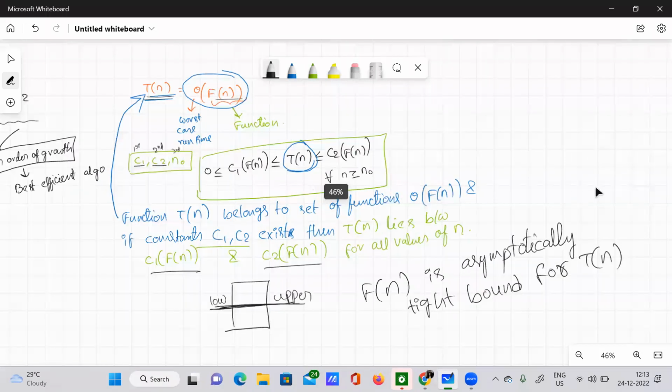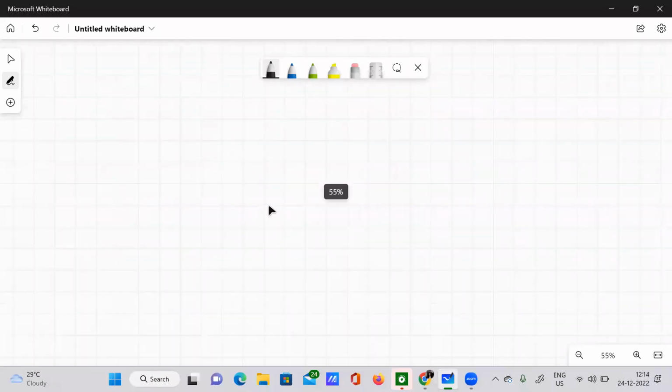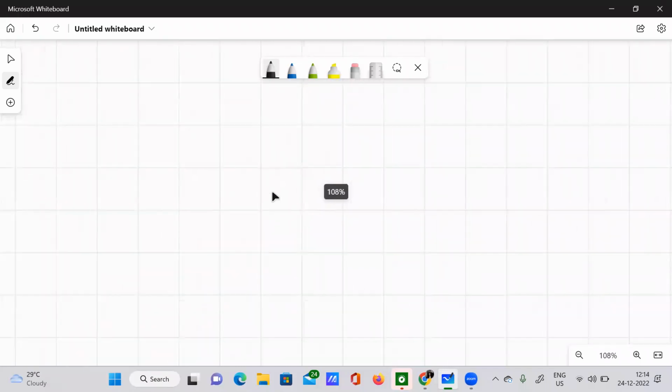So diagrammatically, how do you represent this kind of condition? I'll draw some diagram.